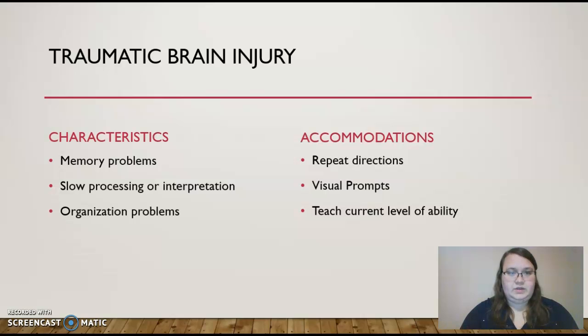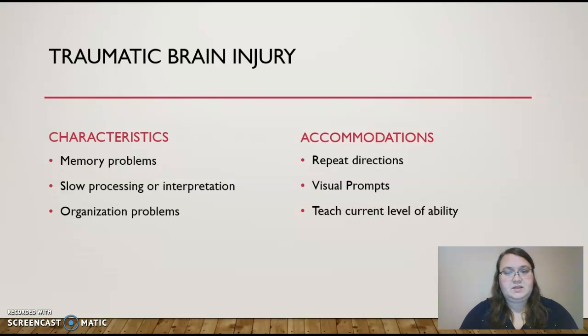Traumatic brain injury is characterized by memory problems, slow processing or interpretation, and organization problems. Some accommodations you can make are repeating the directions throughout the lessons, visual prompting, modeling, and showing them by moving them yourself.